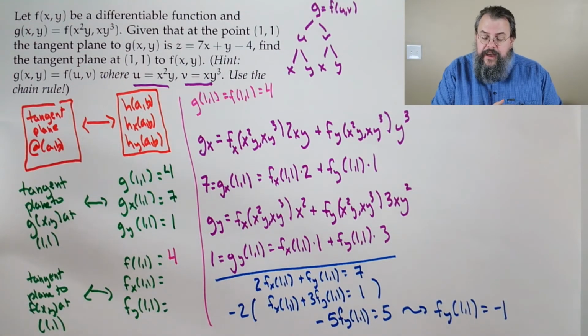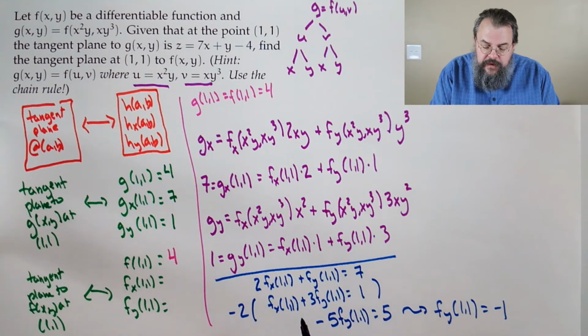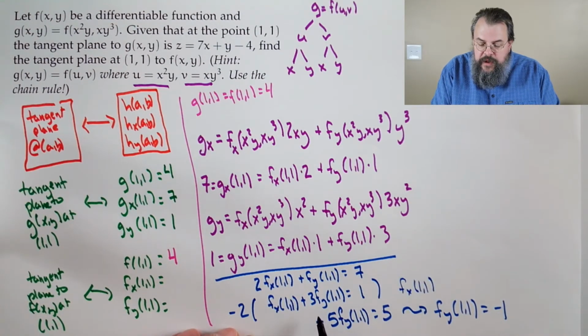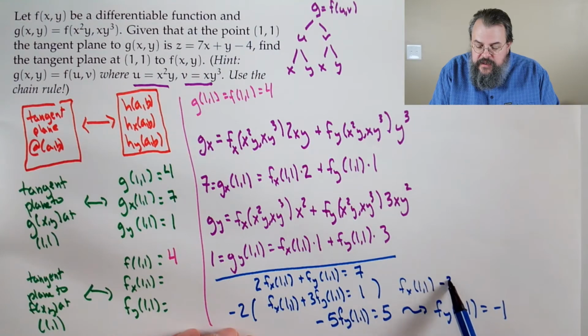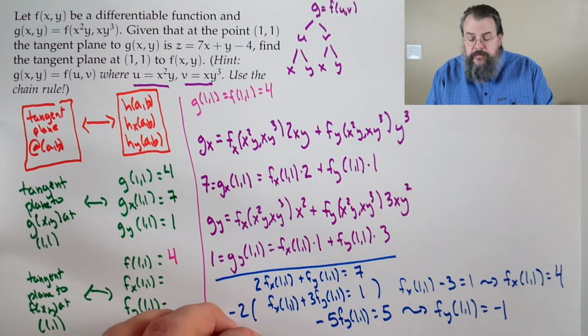That's fantastic news. Now we know what f sub y is. We can plug it into one of the formulas. So for instance, we can say f sub x at (1,1), plus 3 times negative 1, which is minus 3, equals 1, which says f sub x at (1,1) has to equal 4.